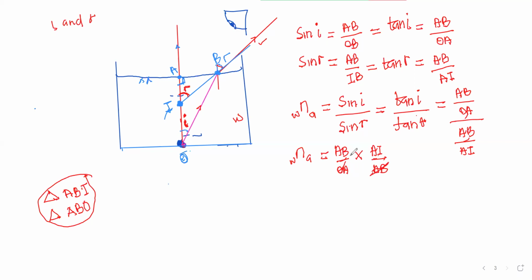So this and this will cancel out, and the refractive index as light moves from water to air would be equal to AI on OA. Are we okay with this?